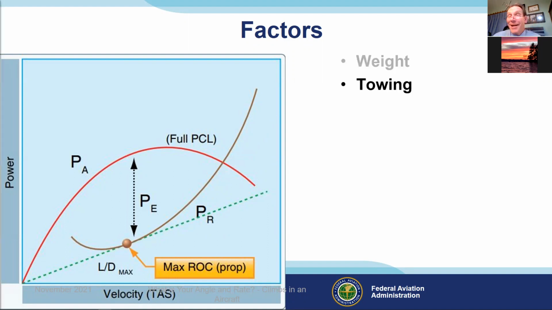Towing, hey, that's kind of like increasing some weight, you know, put a banner on the back or a heavy glider, you see some big things there. Your power available is going to stay about the same, but boy, you're going to have significant changes in your power required. In terms of stall, it's going to be pretty darn close.